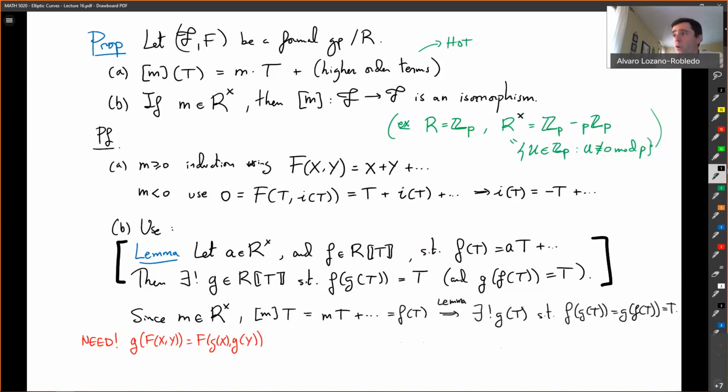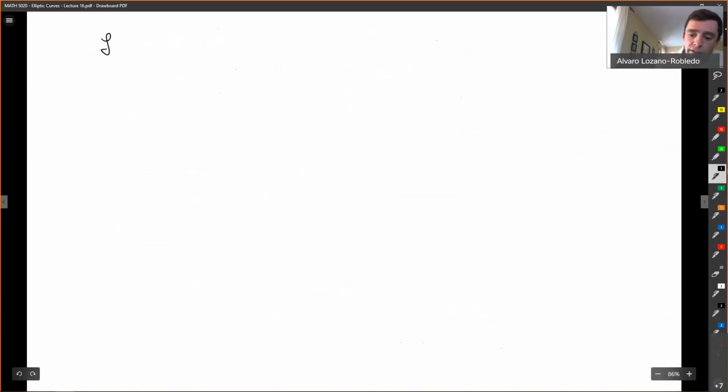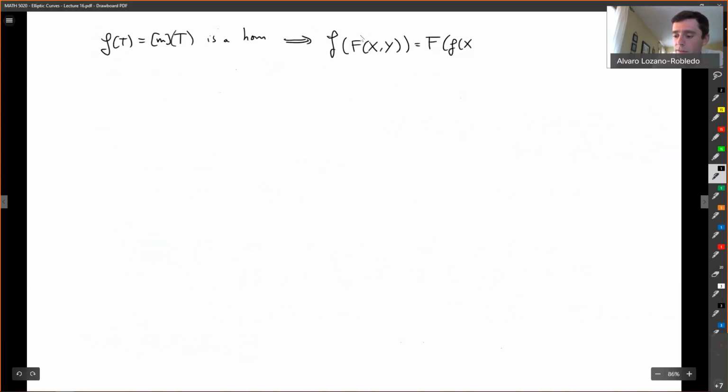So here it goes. First, f, which is multiplication by m, little f, is a Hom. So f(t), which is mt, is a Hom. That tells me that f of capital F is capital F of the little f's.